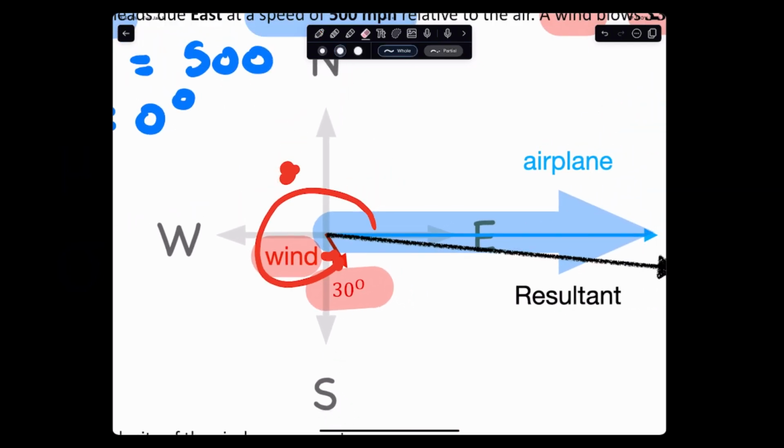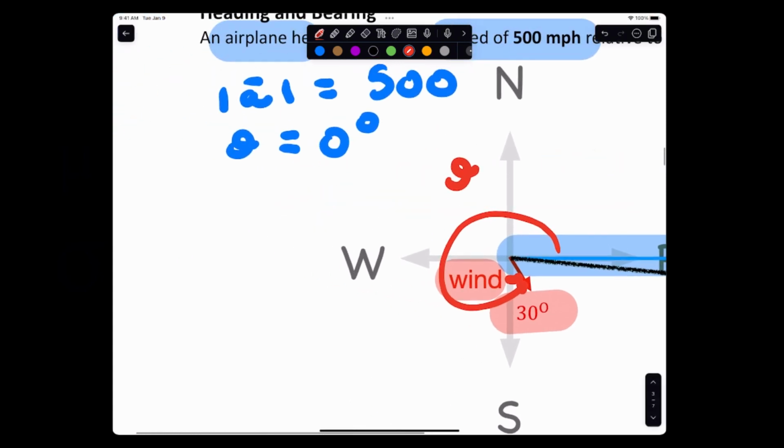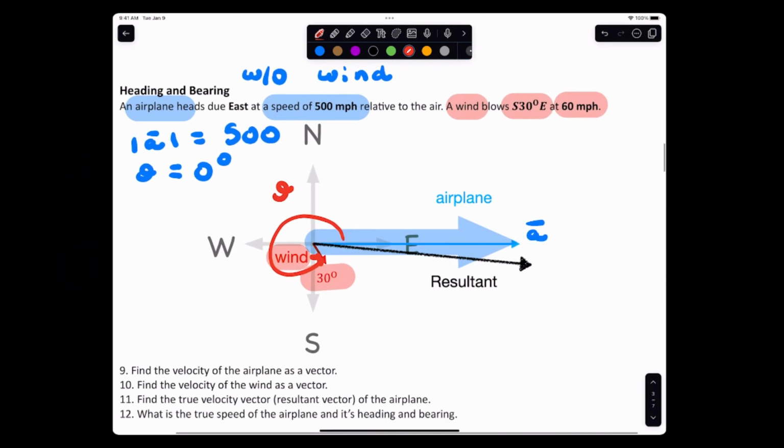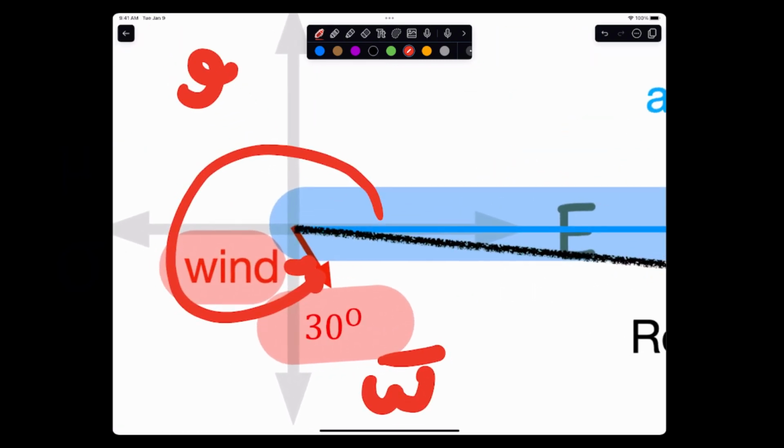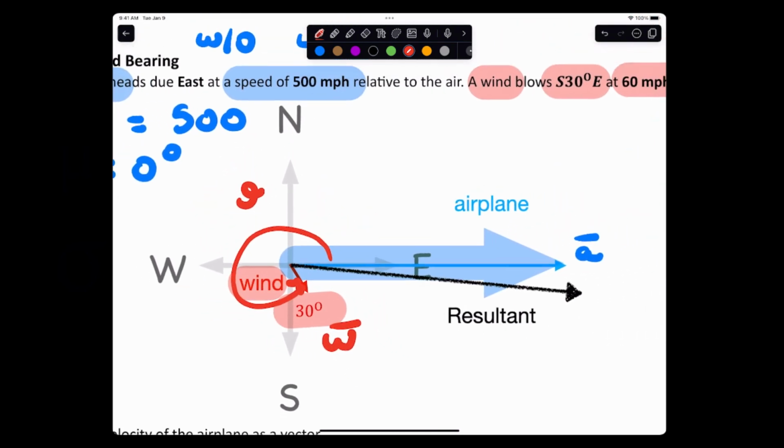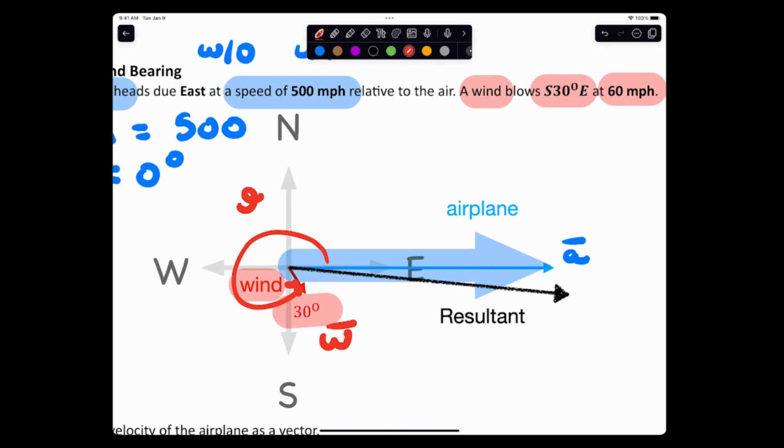All right, let's write it a little clearer if you guys can see that. What's that angle going to be? We're going to let W be that wind vector. You can see it here, the little arrow. I try to draw the length of that W vector to scale. So what's the standard angle, theta?